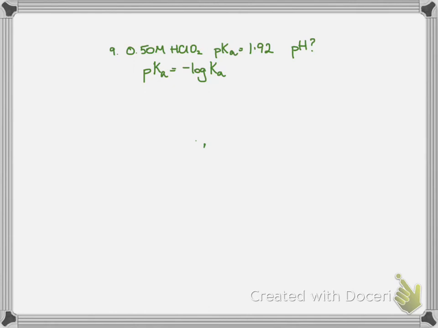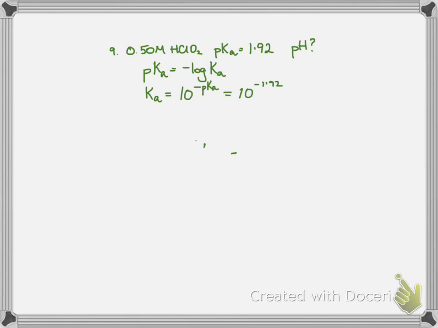So the Ka is equal to 10 to the minus pKa. So if I want to figure out the Ka for the dissociation, I have to say it's 10 to the power of negative 1.92.